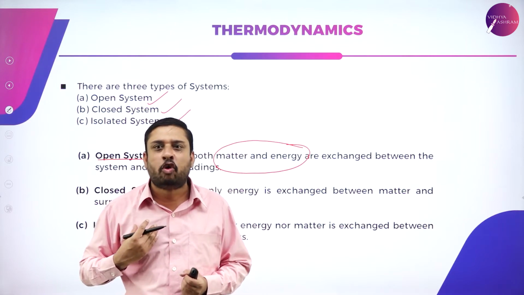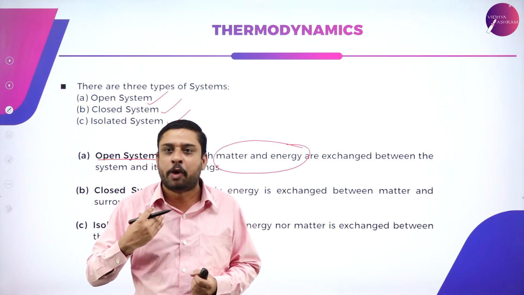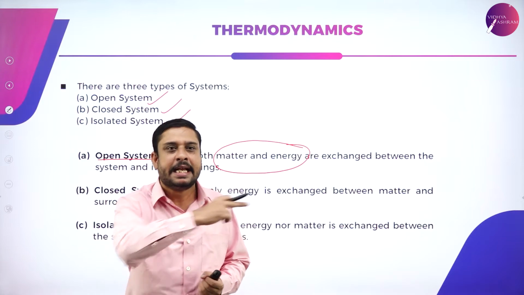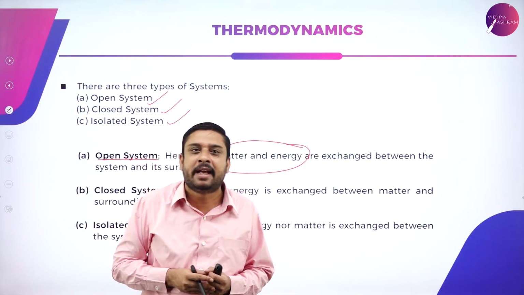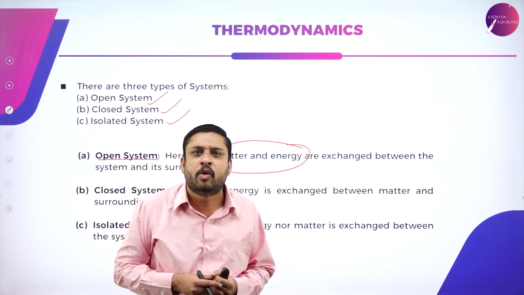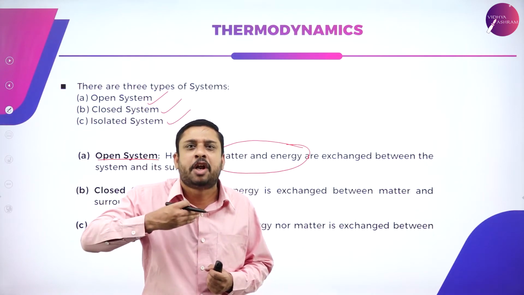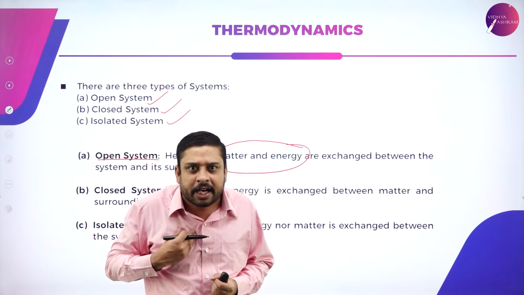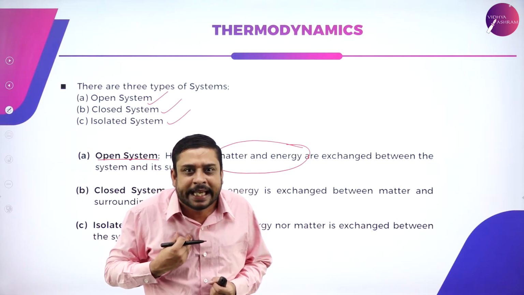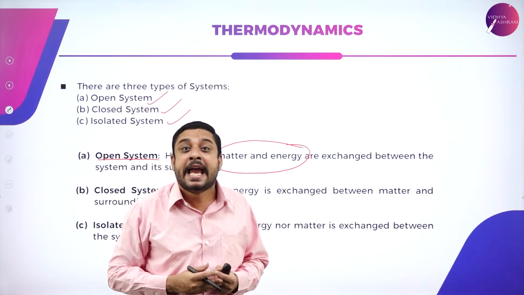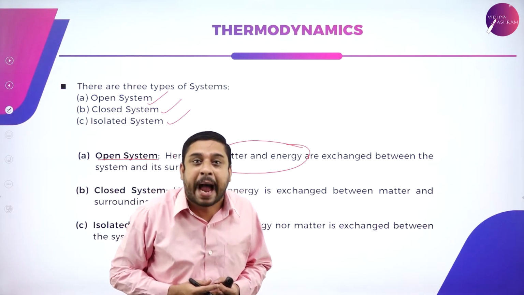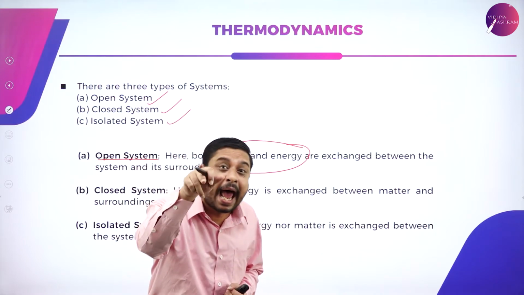So, if you consider me to be an open system, this is my surroundings. What is happening? There is continuous transfer of matter between the system and its surroundings. Exchange of matter as well as energy.